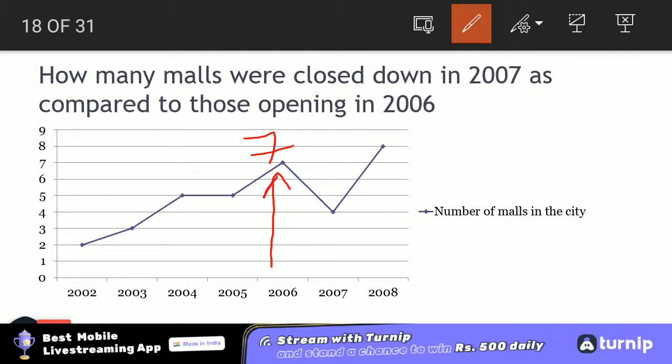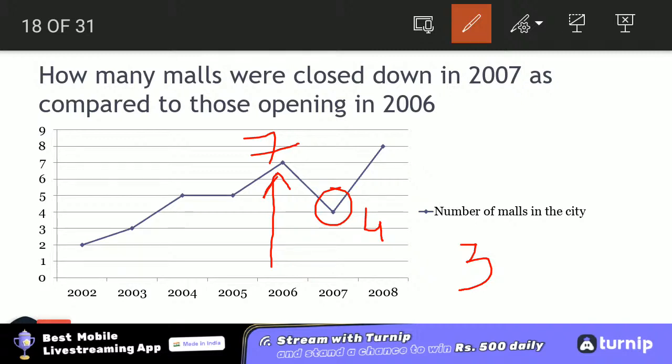We have 7 malls. And if we talk about 2007 we have 4. So how many malls were closed down? And that's simple. 3 malls were closed down during this period.